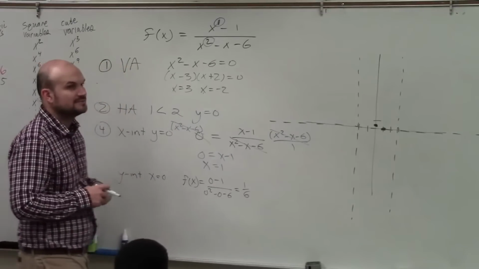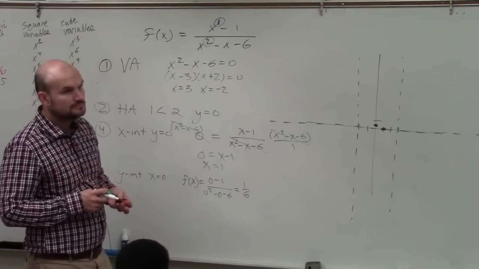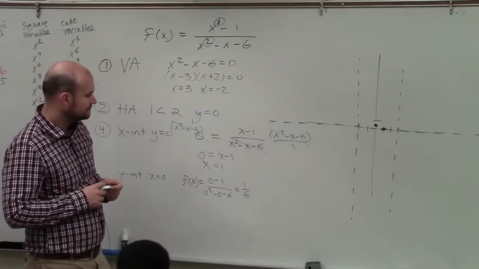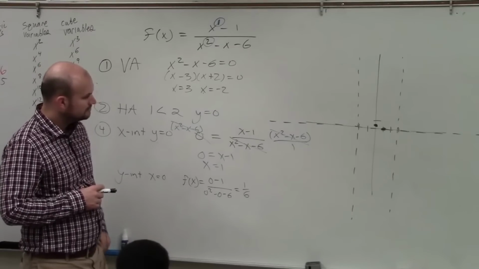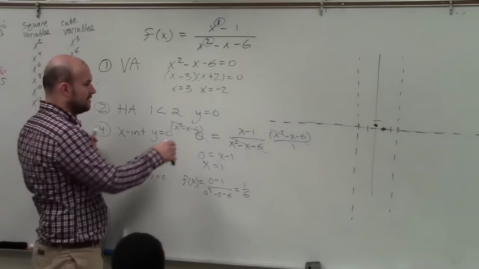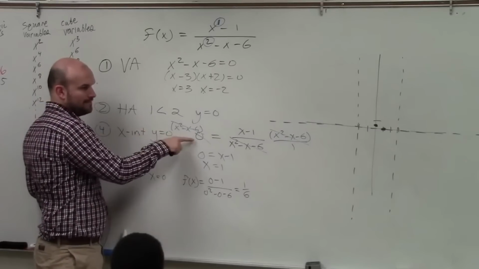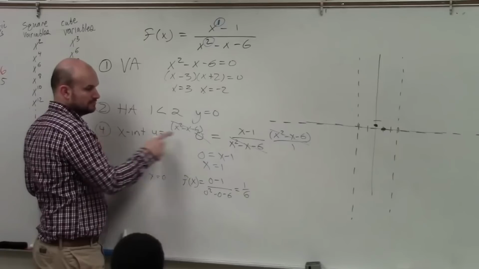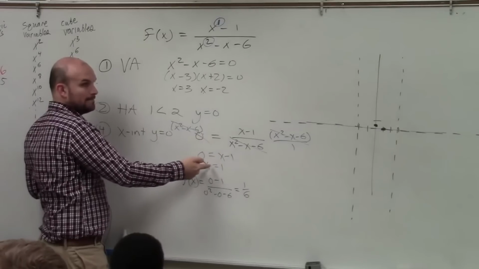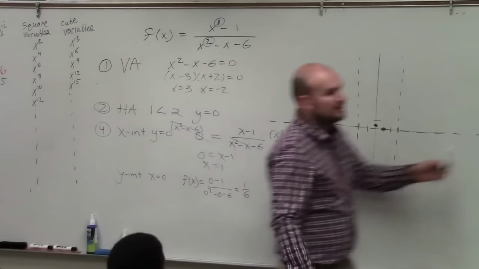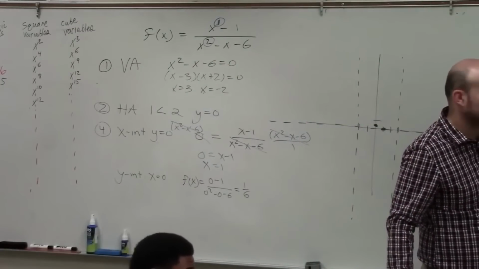OK? Yes? Wait, why is x equal to 1 if you're changing the x to 0? I didn't. I replaced 0 with y, or in reality, f of x. Because look, at the x-intercept, what is equal to 0?